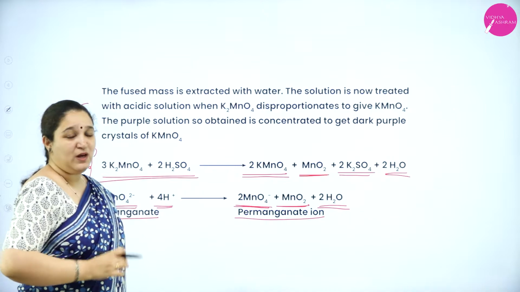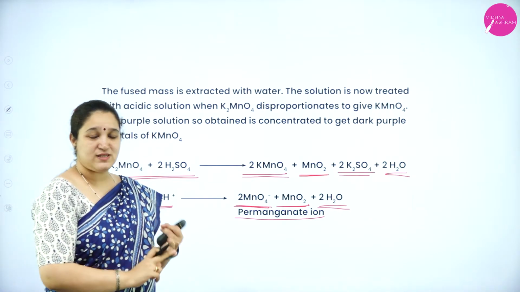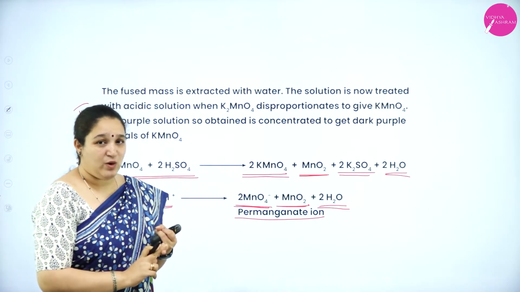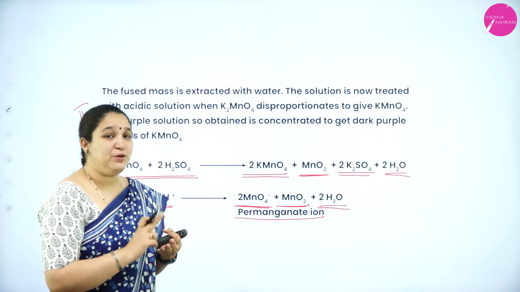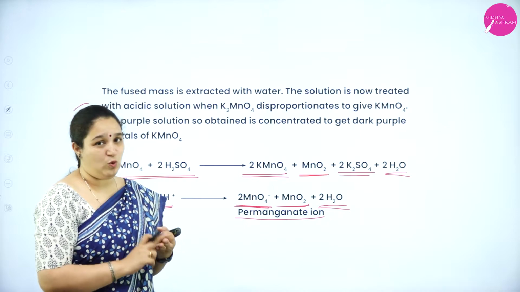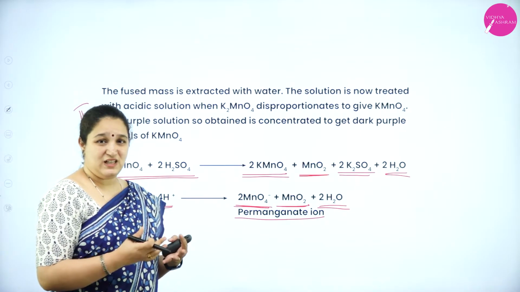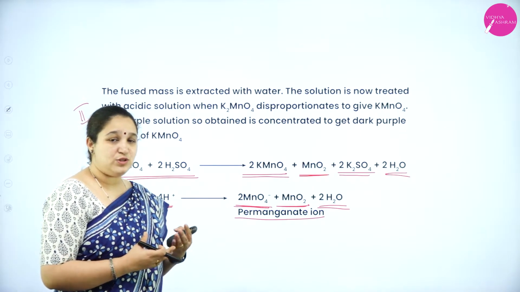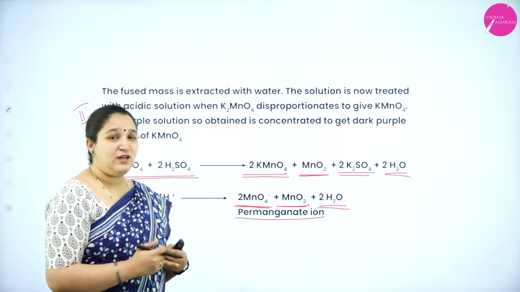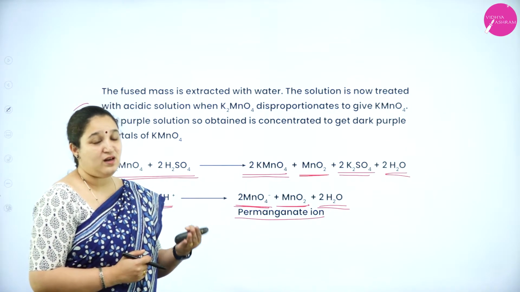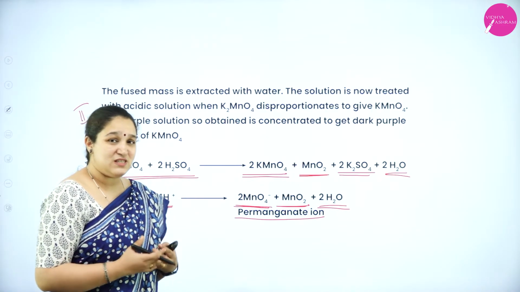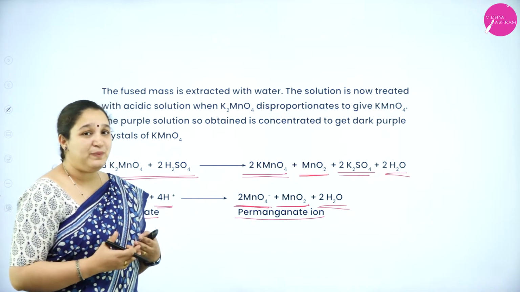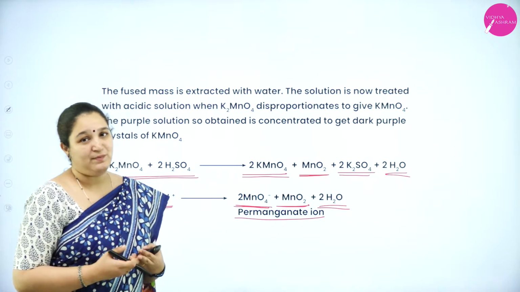So first step, you are taking manganese dioxide, treating it with KOH and air to get potassium manganate K2MnO4 solution. That's green color. That green colored solution you acidify, then you get potassium permanganate, manganese dioxide and potassium sulfate. So this is how we get a purple colored potassium permanganate.